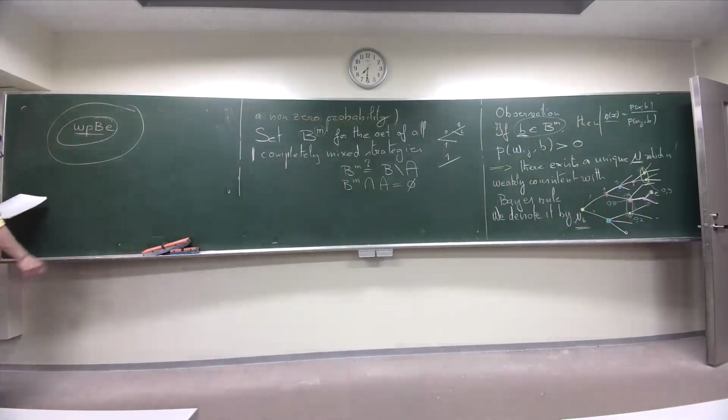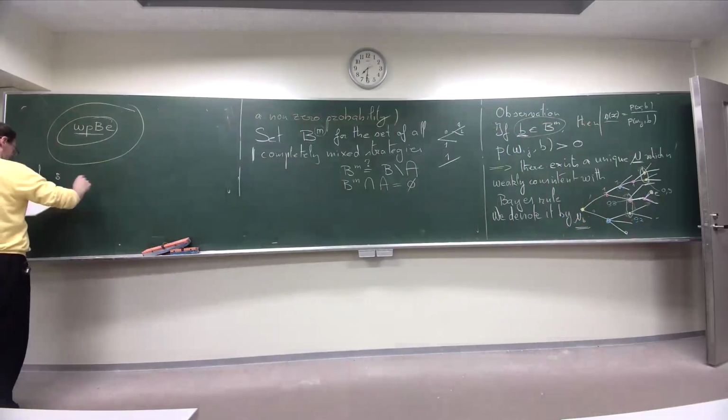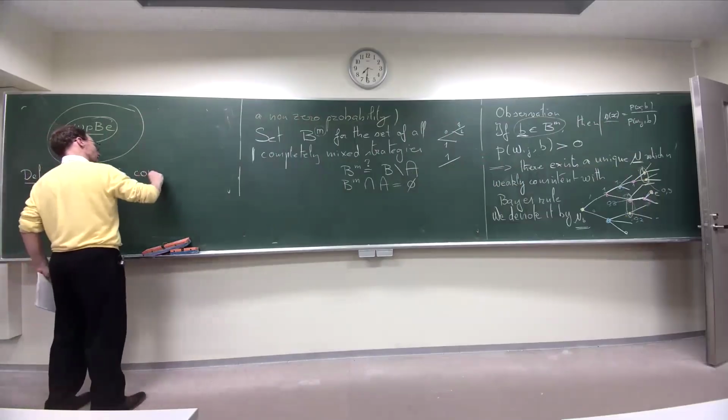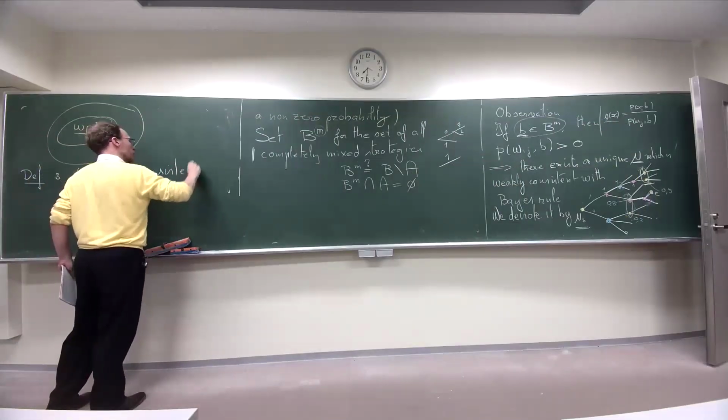And now it's a small definition. I told you it's a bit annoying. We say that B mu is consistent. It's not weakly consistent.